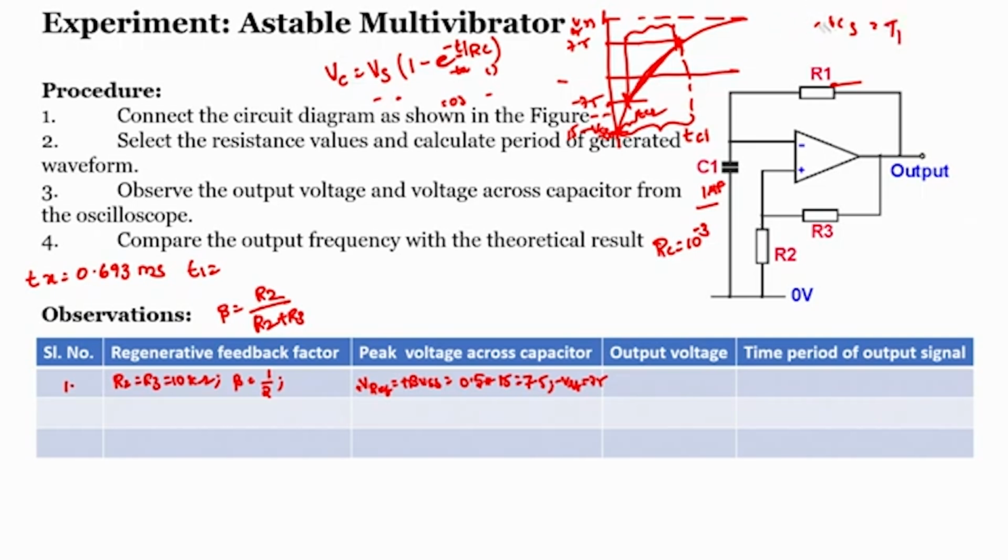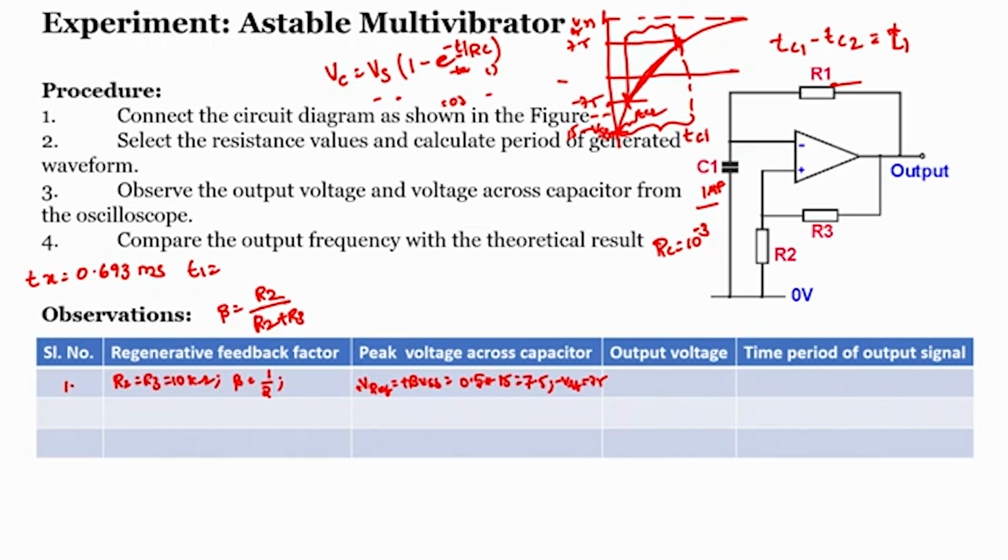So, I write down again, this is not so clear. The difference between TC1 minus TC2 is nothing but T1. That is what we are interested in. So, how do I calculate TC1 and TC2?